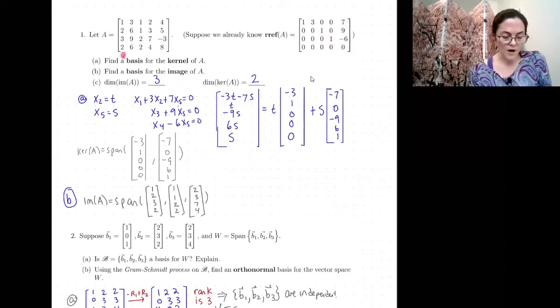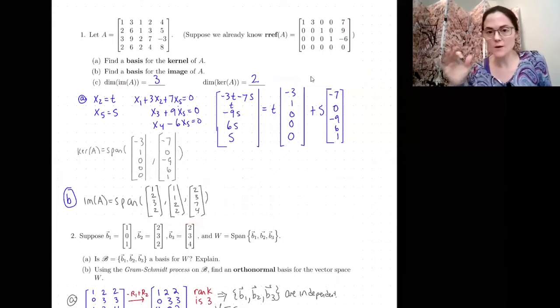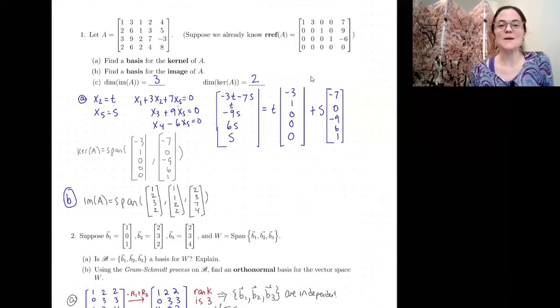So we pull off column 1, 3, and 4 in the original matrix A. That should be what I have written down. Okay, looks good. This is column 1, column 3, and column 4. These will form a basis for the image. They are the columns in A that correspond to where you have the leading ones in the reduced row echelon form for A. Okay, so this finishes number 1.